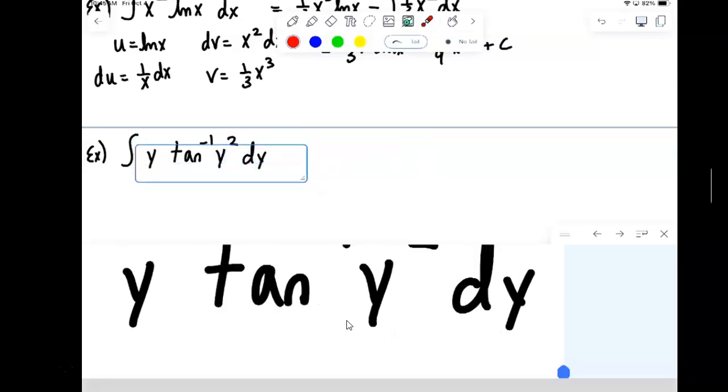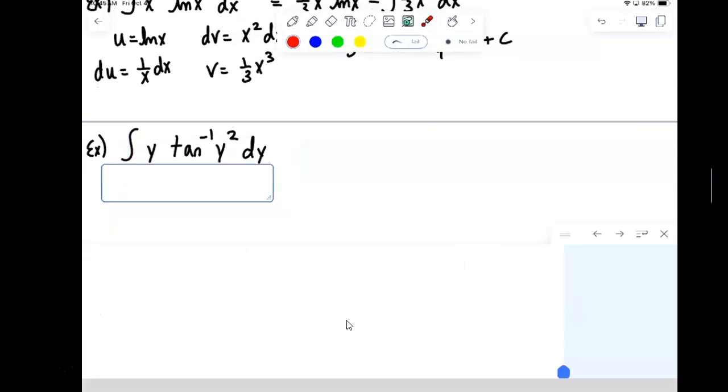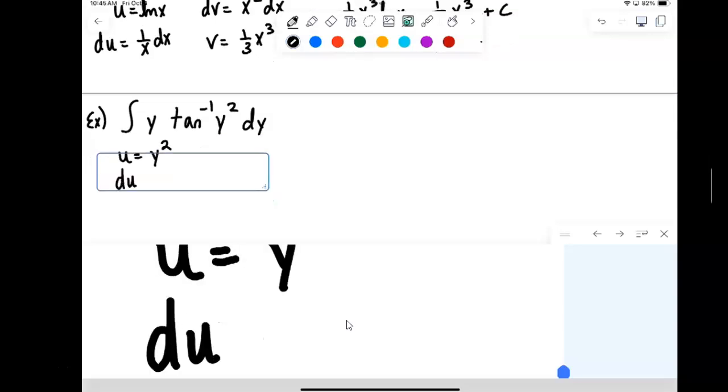Rather than starting right now and letting one of these things be u and one of these things be dv, I need to deal with my composite function first so I can reduce it to something easier to work with. So typically I let u be my default variable there. So u would be y squared, and du would be the derivative of that, 2y dy.